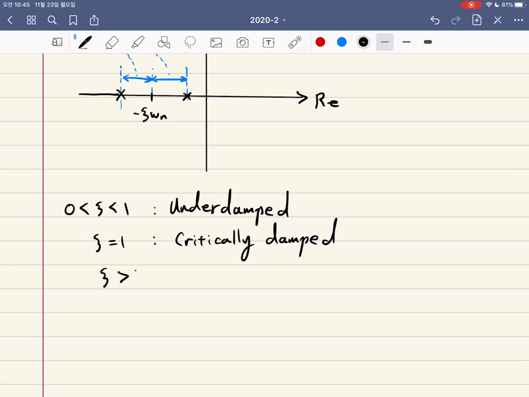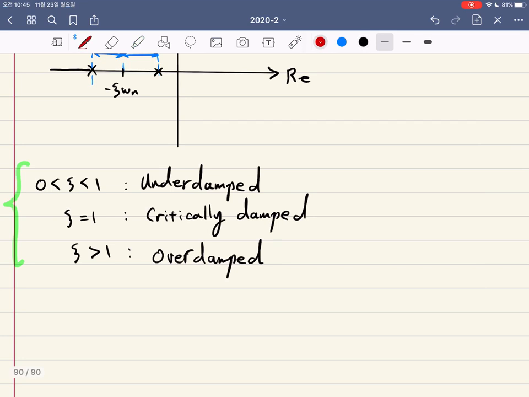And if zeta is bigger than 1, which is our second case, this is called the overdamped. So this second case, there's no oscillation.